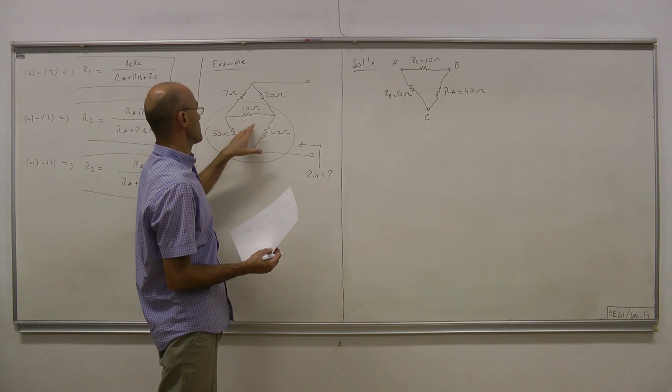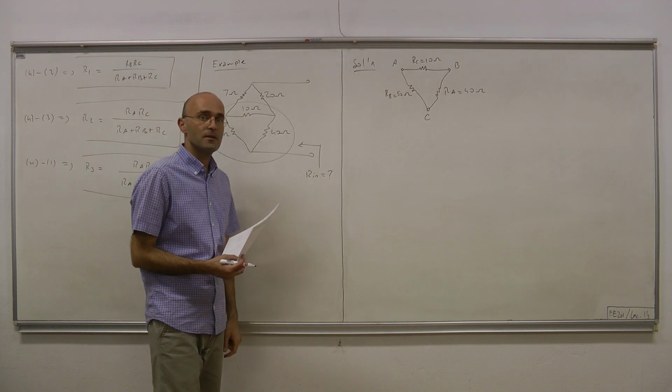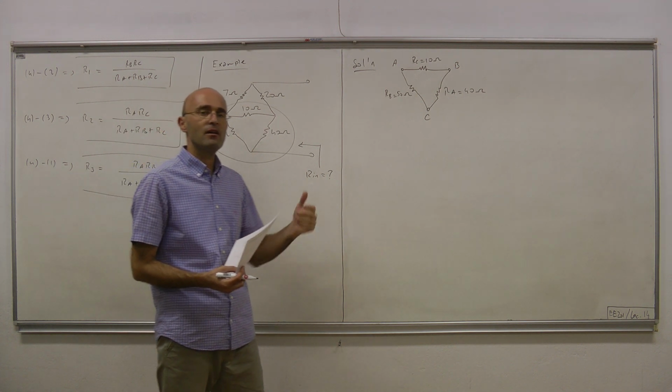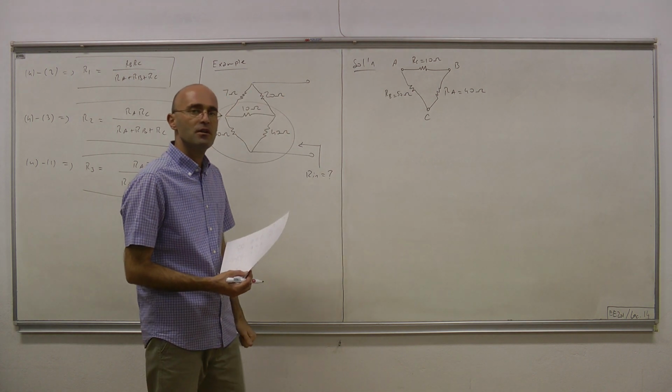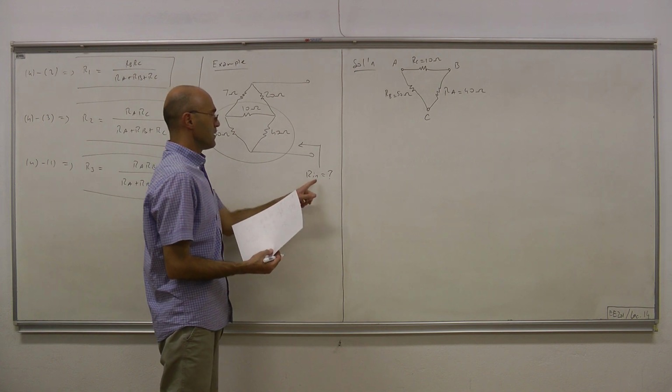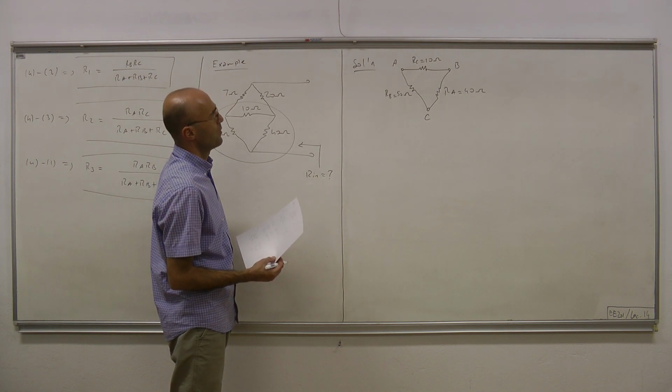Because once we replace this by a Y-connected circuit, everything becomes either series or parallel, and then by a very simple series of computations, we can quickly reach the end.